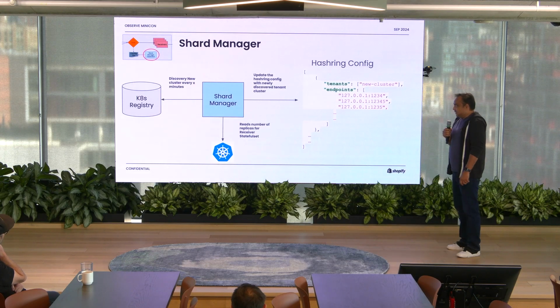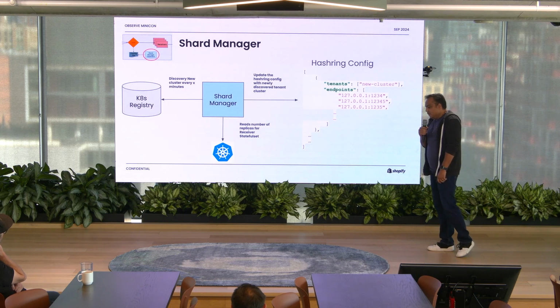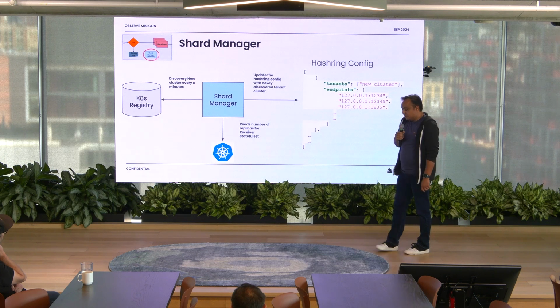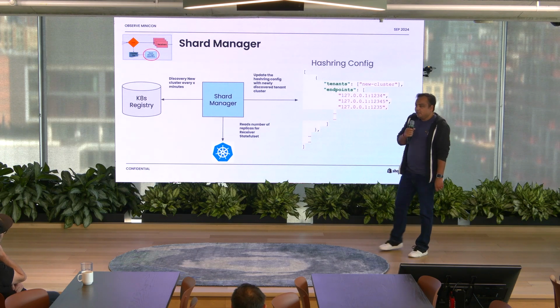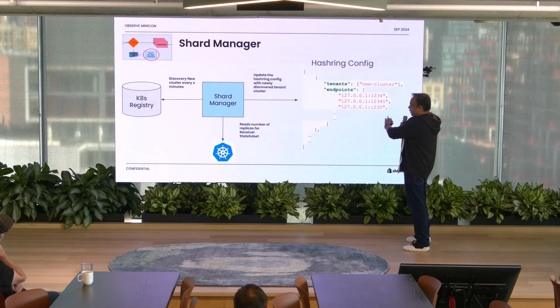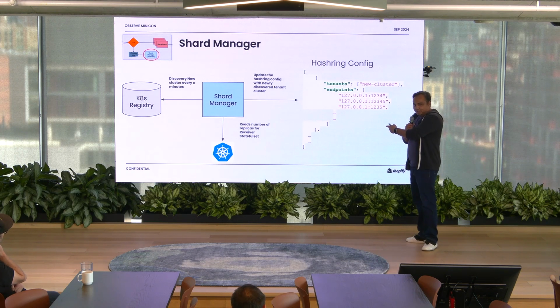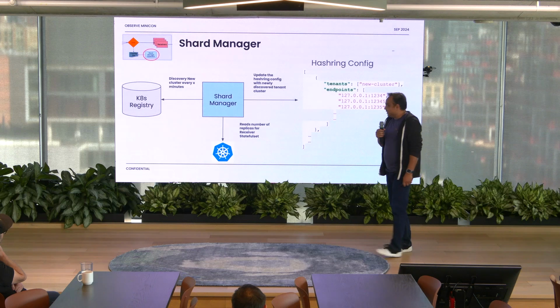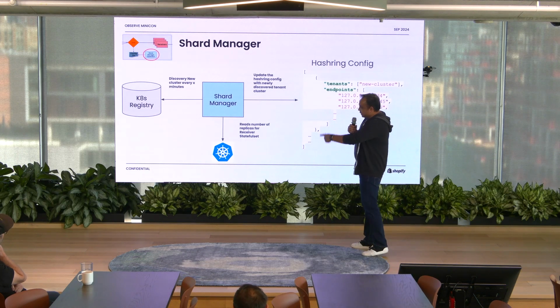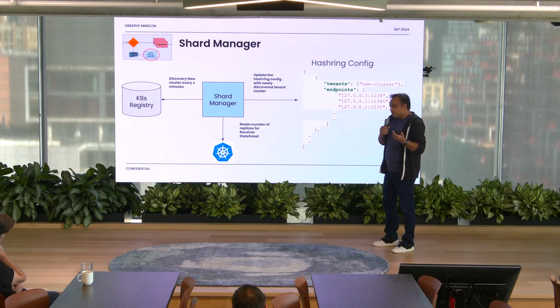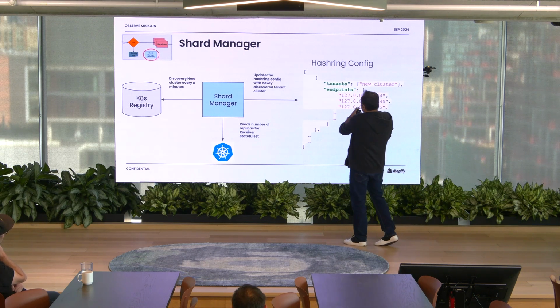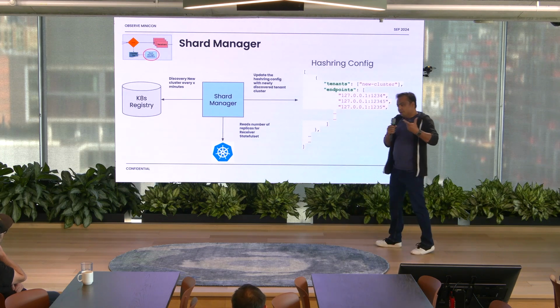Thanos Shard Manager. This is our in-house component. In Shopify, we boot Kubernetes clusters and shut down Kubernetes clusters daily. We're not going to manage those hash ring configs manually inside GitHub. So what Shard Manager does is constantly discover new Kubernetes clusters every 5 minutes or so. Once it discovers a new Kubernetes cluster, it updates the hash ring config with that new Kubernetes information.